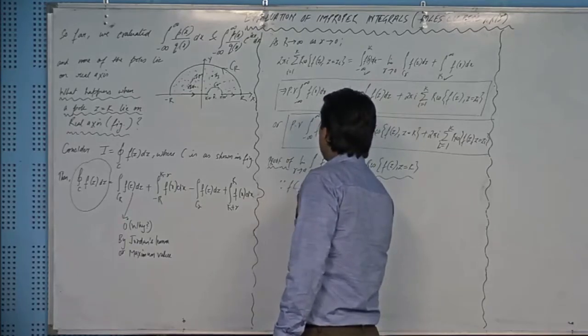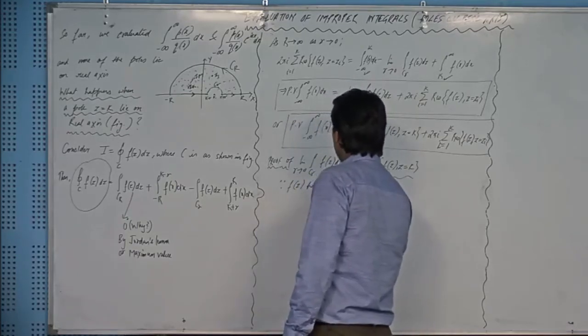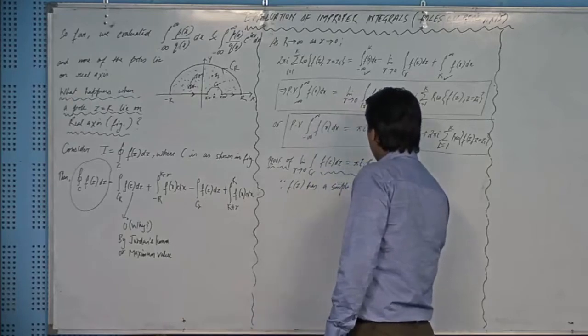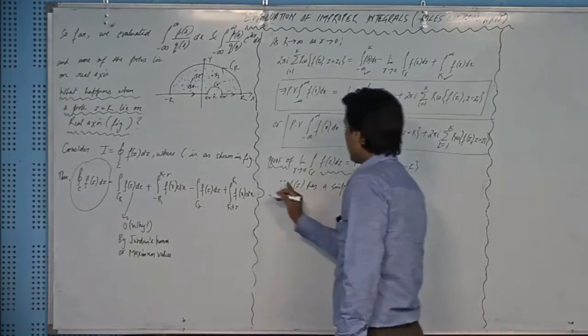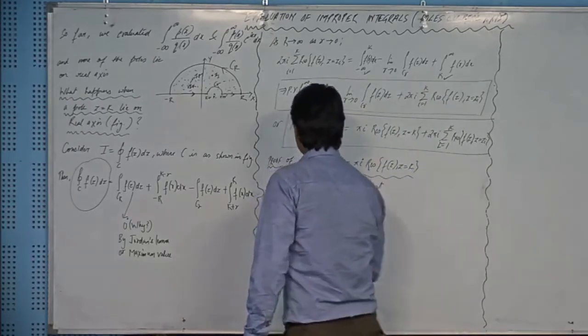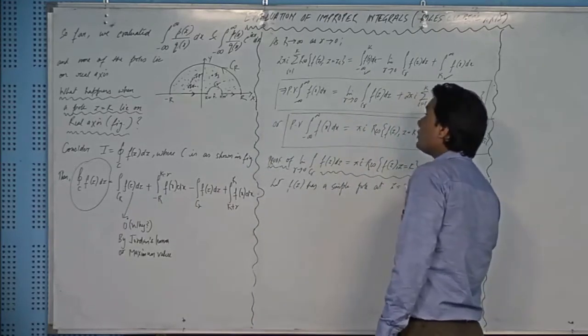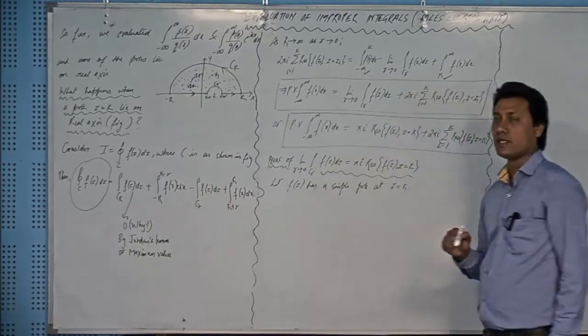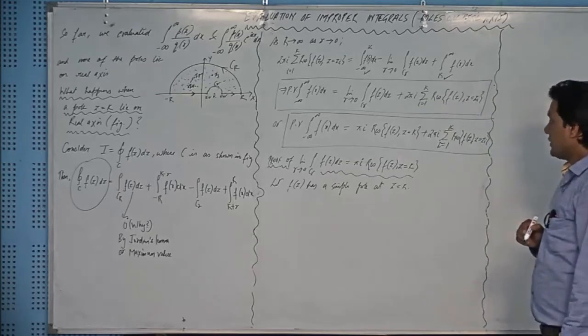Assume f(z) has a simple pole at z equal to k.